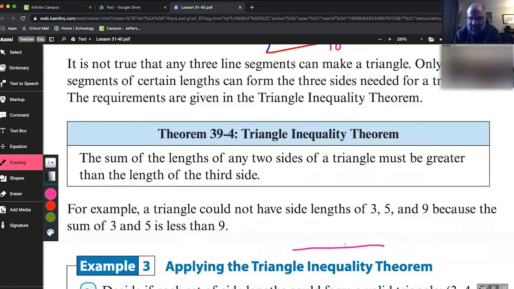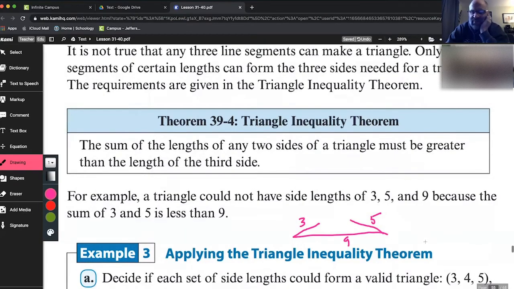So 5 is a little bit less than that, about right there. And 3 is about right there. See how they won't connect. The 2 smaller sides are too short to be able to form a triangle.